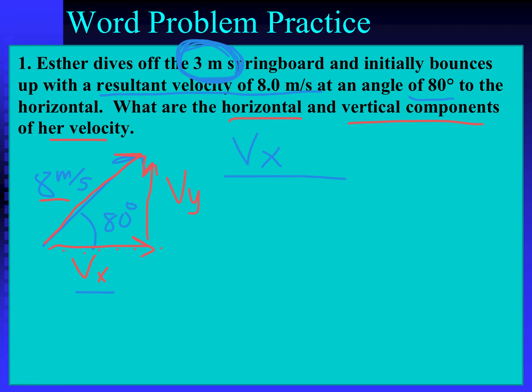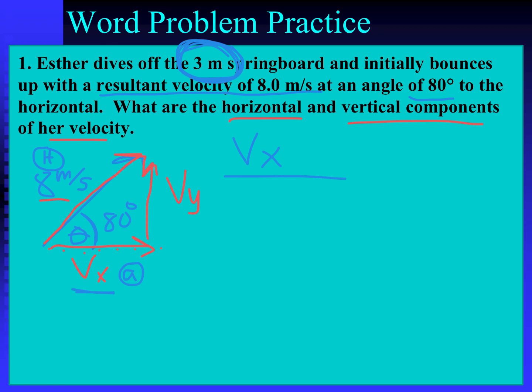Now, I already know my hypotenuse, right? 8 meters per second is the resultant. That's my hypotenuse. And I have an angle of 80 degrees. So if this is my theta, the perspective I'm viewing from, then Vx here is my adjacent, and 8 meters per second is my hypotenuse.